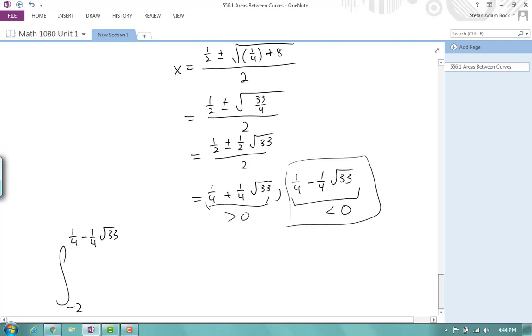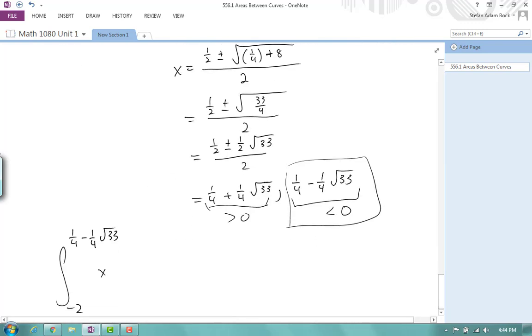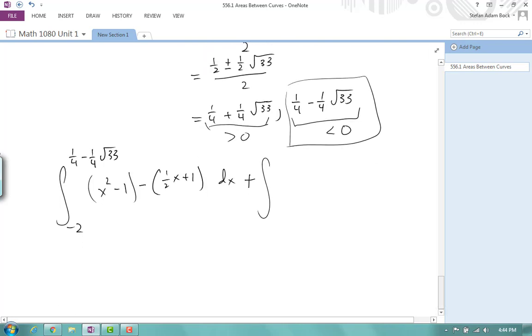Now what function is on top over there? The function on top is the parabola. So I'll have x squared minus 1 minus the quantity 1/2 x plus 1. That's dx. And then I'll add to this the area obtained after where I split it.